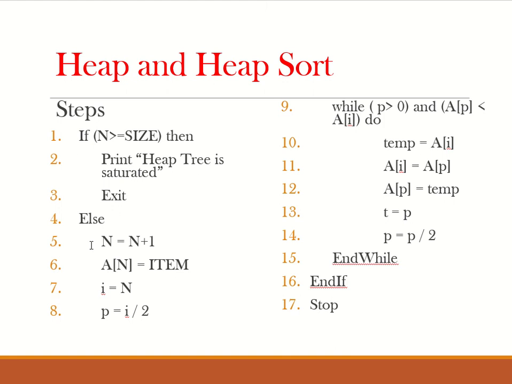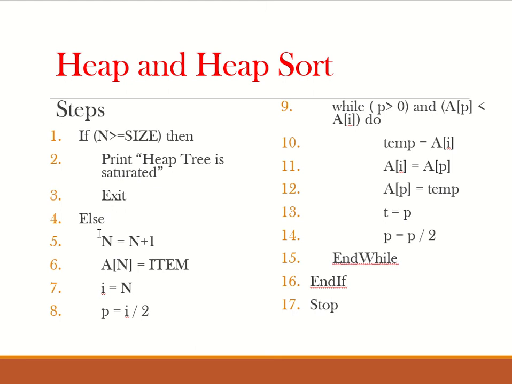Now, if that is not the case, then n is the current number of nodes, and you have to increase it by 1, because you are going to have a new member to the family. So n is equal to n plus 1, and at the position indicated by a of n, you paste the item.